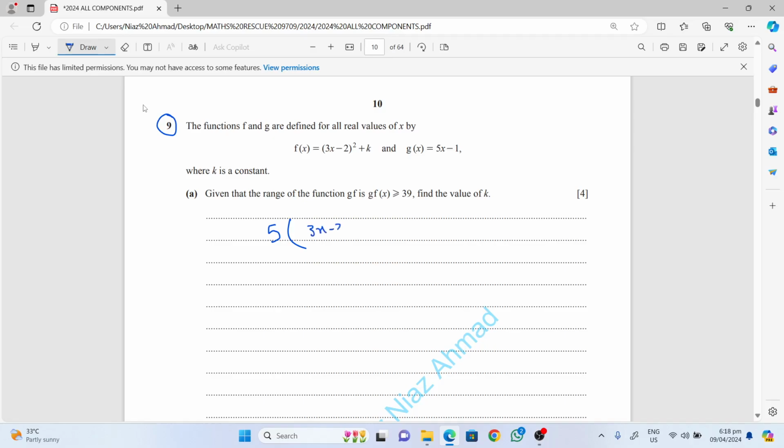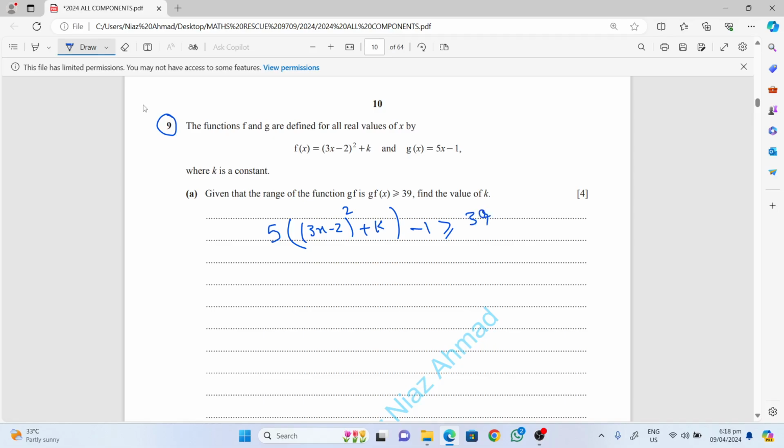This is (3x minus 2) whole square plus k minus 1, which is greater than or equal to 39.